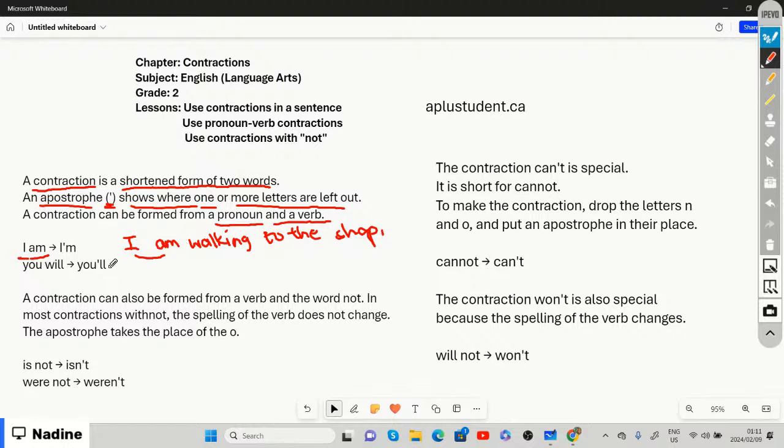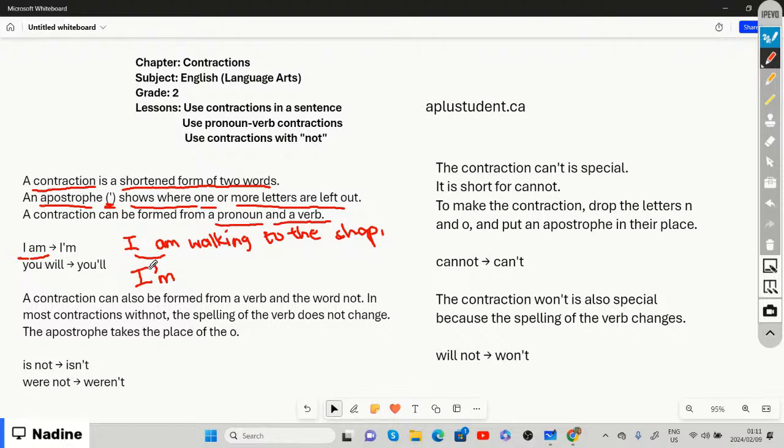We're going to leave the I, which is the pronoun, the same. Then we're going to leave out the letter a, and when we leave out the a, we put an apostrophe in its place. Then we bring down the letter M. So now we have shortened I am to I'm.